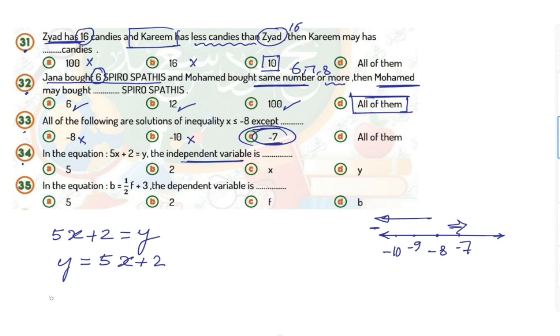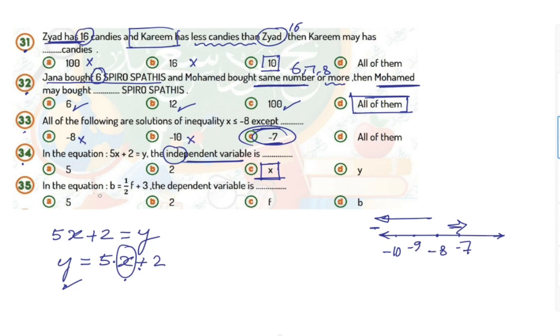That's the same. He asked us about the independent variable, y or x. The independent variable is the one which has some operations. 5 has multiplication here and addition here, so x is the independent variable. If he asks you about the dependent, that's y.